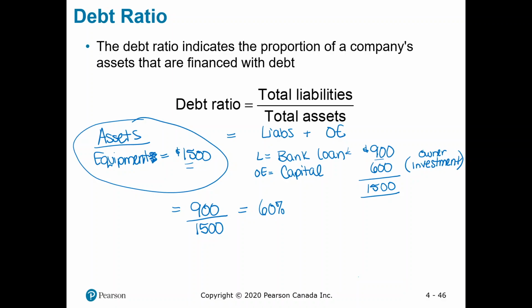The other 40% was paid by capital. So we invested that money. So that's what the debt ratio looks at. This is a really simple example, but hopefully it helps it make sense that we're looking at what percentage of our assets did we need to take on debt to pay for.